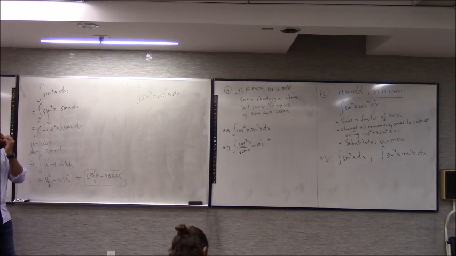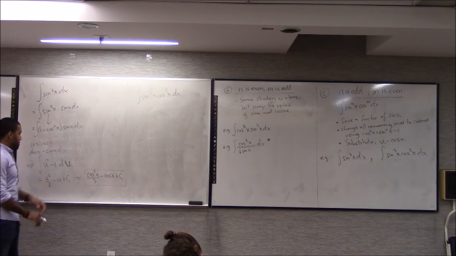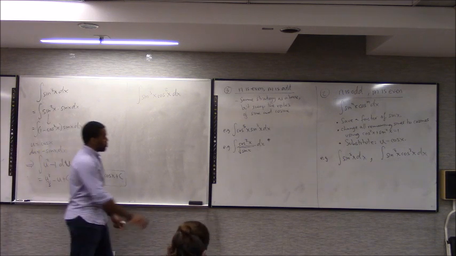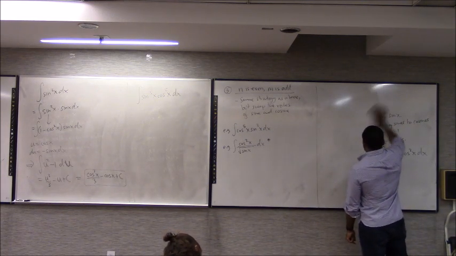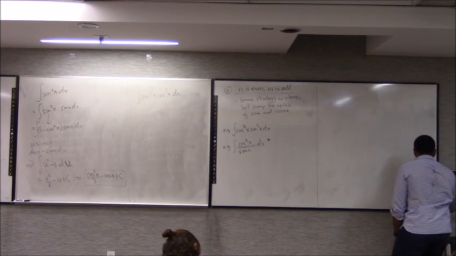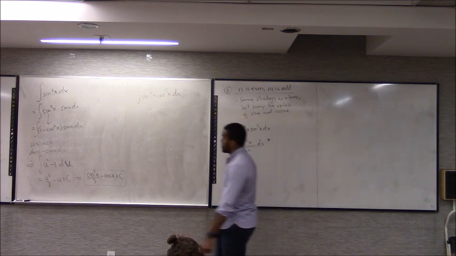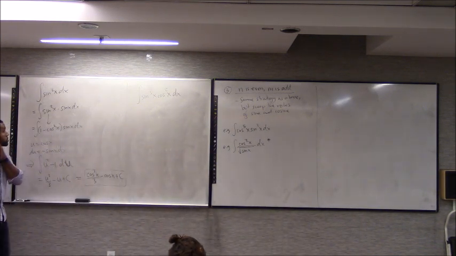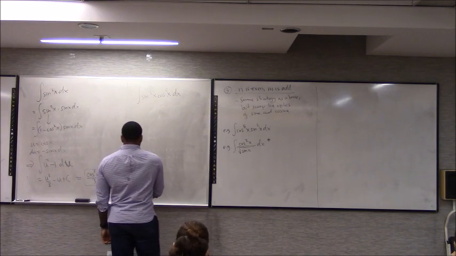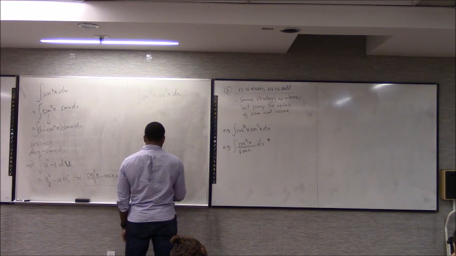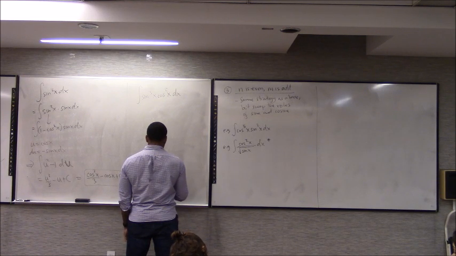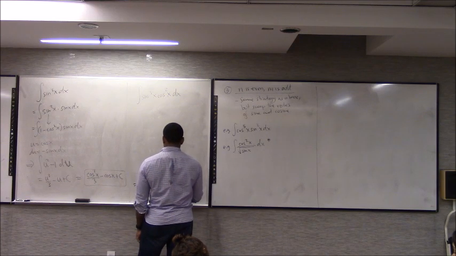Okay, what's the answer? Is it negative cosine x to the third divided by 3 plus 2 cosine x to the third divided by 3 plus cosine to the fifth divided by 5 plus c?